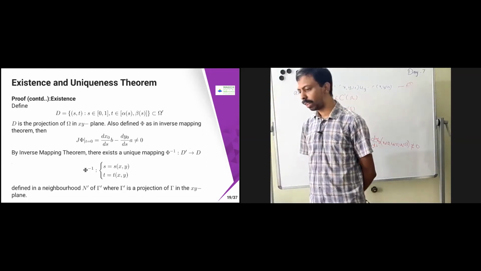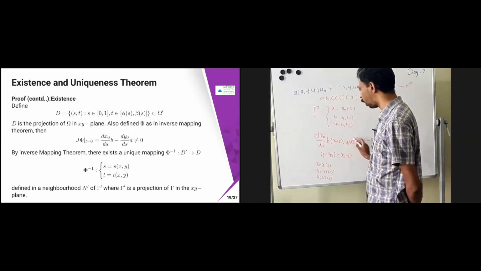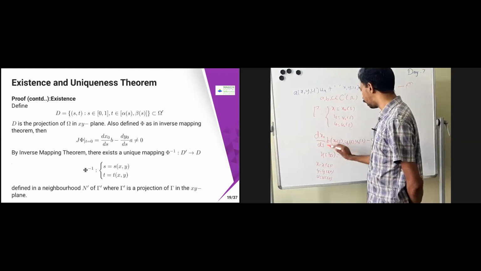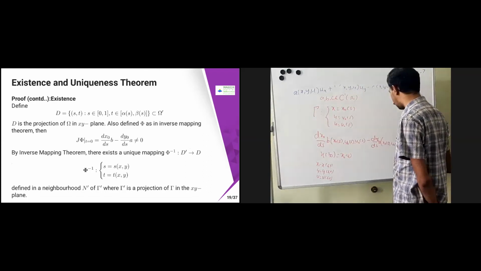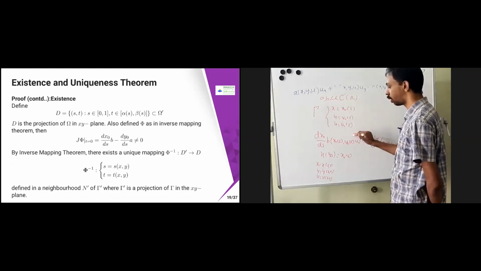Then the Jacobian of pi at t equal to 0 is nothing but dx naught by ds into b minus dy naught by ds into a, which is not equal to 0. This condition is given.